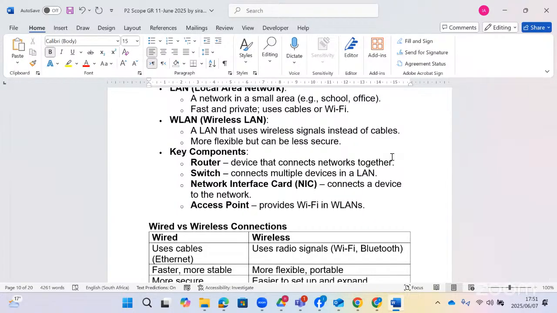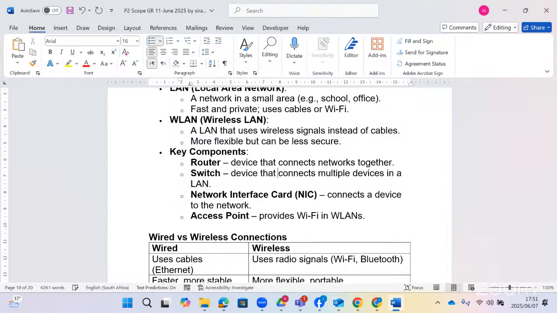Then a switch is a device that connects multiple devices in a LAN or in a network. And then we have the network interface card, which is NIC, or sometimes we call it network interface controller. It's a device that connects a certain device to the network. So that's where mostly we plug in the network cable, or some of them can be wireless as well.